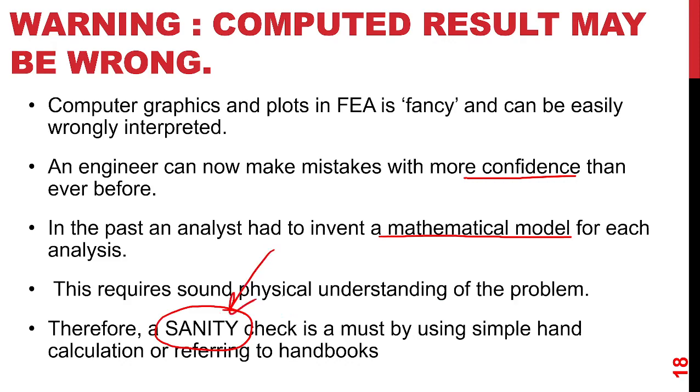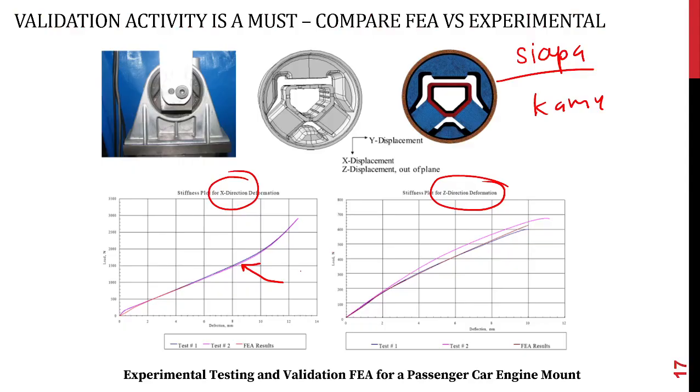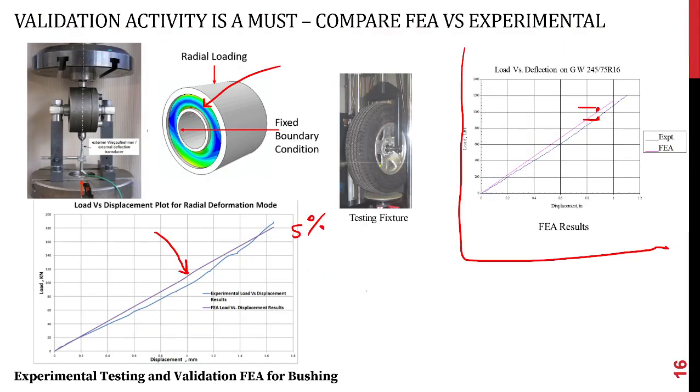Sanity ni apa dia? Sanity is make sure your analysis is crazy or not lah. Sane lah. Sane. Are you sane or not? So you gotta do sanity check. Katalah result dia patutnya dapat, katalah deflection patut dapat 125 mm.